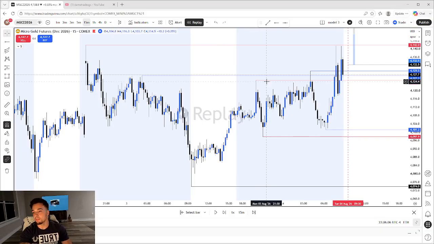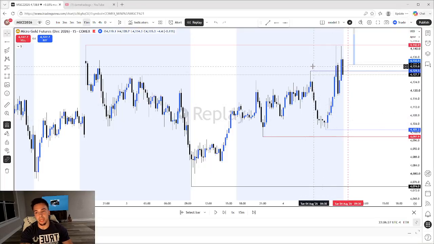During the London session, we did sweep both the Asia high and the previous London high, prior to making a nice reversal into this 15-minute order block resting down here, prior to creating the London low and then going back up for pre-market, where we eventually swept the London high from this morning.